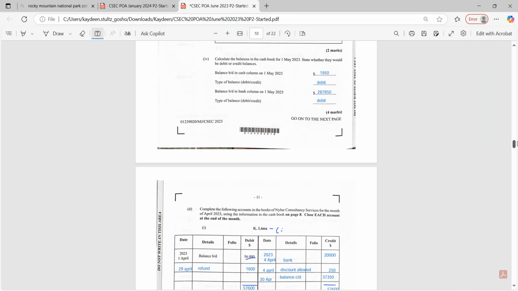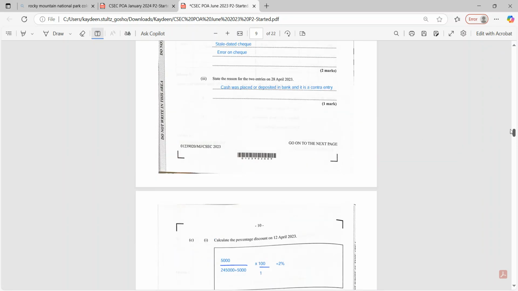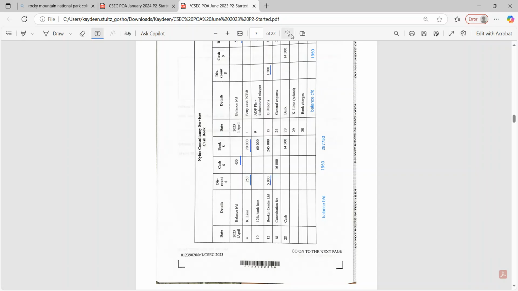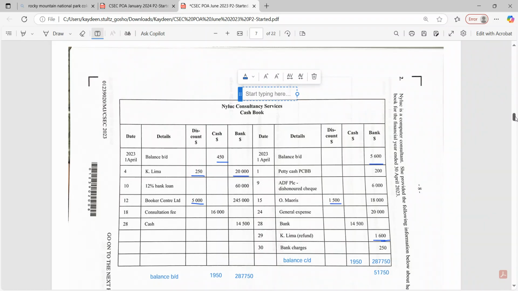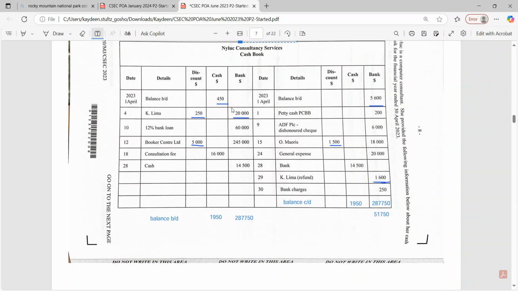All right, so now it says calculate the balances in the cash book for the 1st of May 2023, and we should state whether they would be debit or credit balances. Simply put, they're asking us the balance of the cash book. So let's do that. In the cash column, we would have 450 plus 16,000, which gives us 16,450.